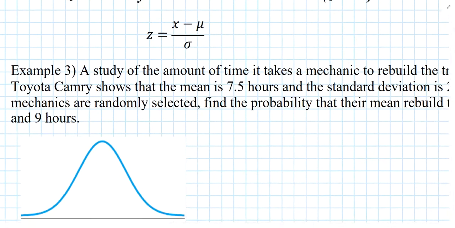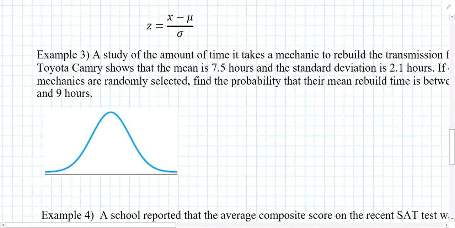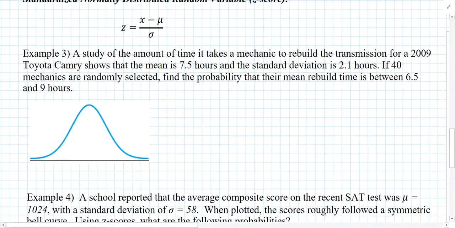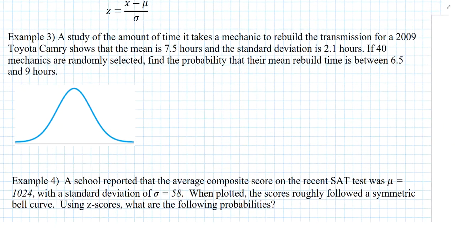Example 3. A study of the amount of time it takes a mechanic to rebuild a transmission for a 2009 Toyota Camry shows that the mean is 7.5 hours and the standard deviation is 2.1 hours. If 40 mechanics are randomly selected, find the probability that their mean rebuild time is between 6.5 and 9 hours.